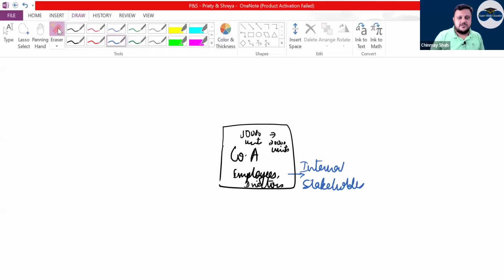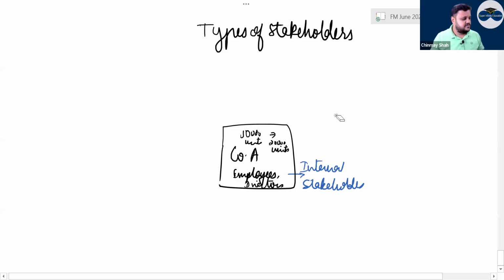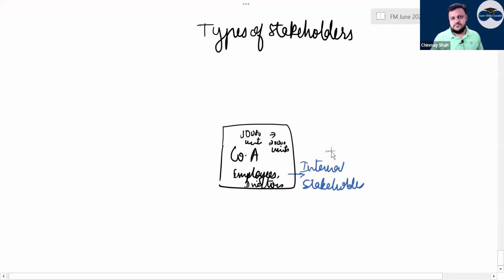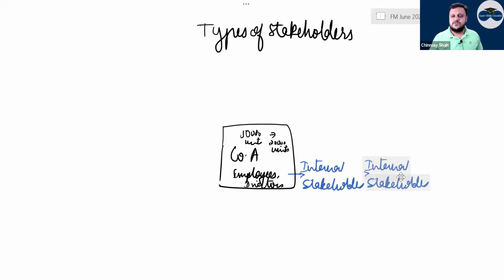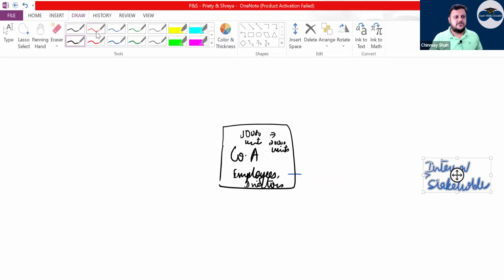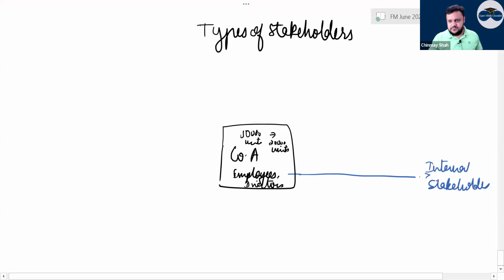Just a second, we can shift this. What we'll do is move internal stakeholders outside. But these are internal stakeholders here, correct?